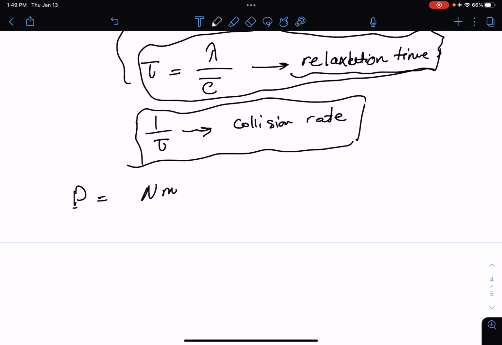What else? Speed, how fast they are moving. It is very reasonable to assume that speed is also important. Number density is actually the variable we are interested in. So n divided by volume of the container. And this is divided by 3.